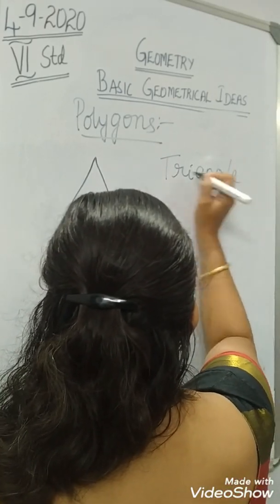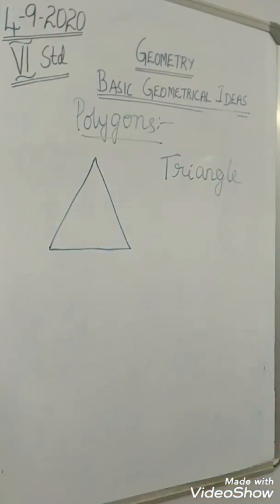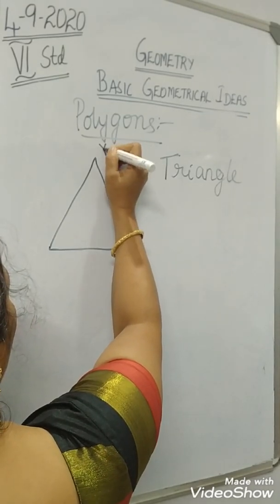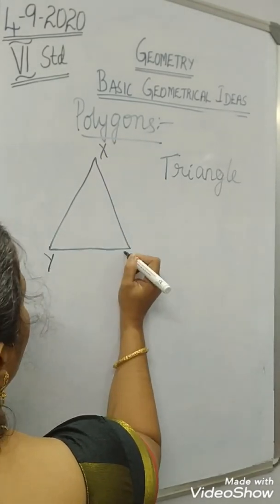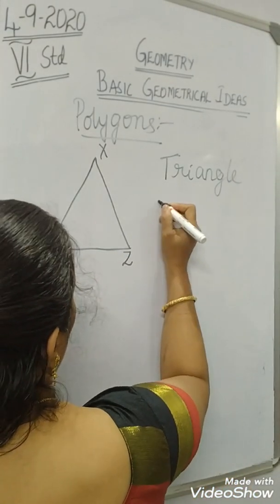Why is it called triangle? Tri means 3. Yes? A figure which is made up of 3 angles is called a triangle. Okay, here this is the smallest polygon. I am going to name it as X, Y and Z. Yes? Can you tell how many sides has a triangle? Triangle has 3 sides.